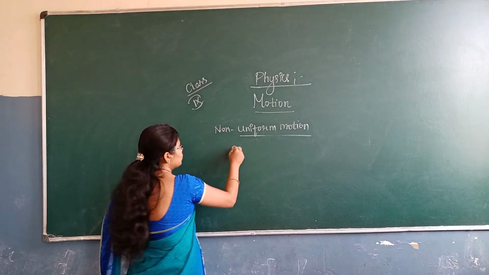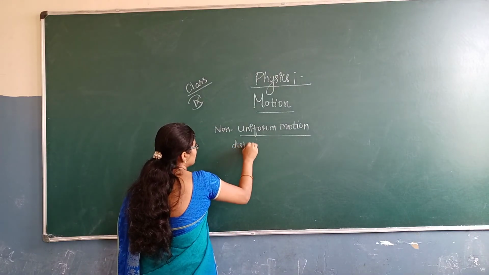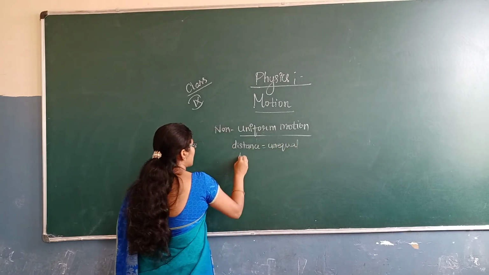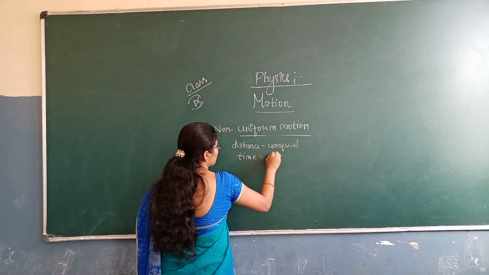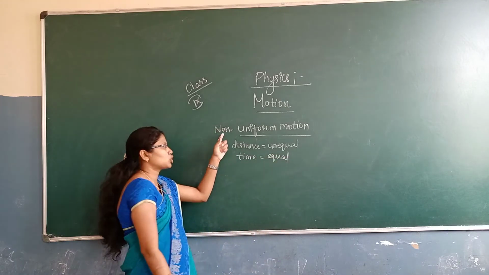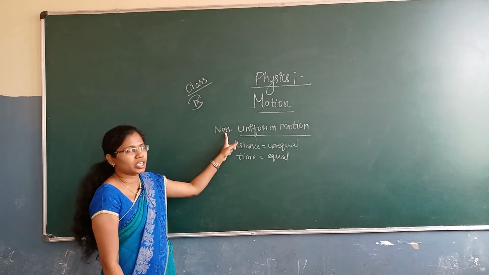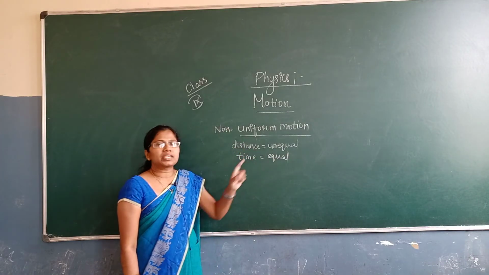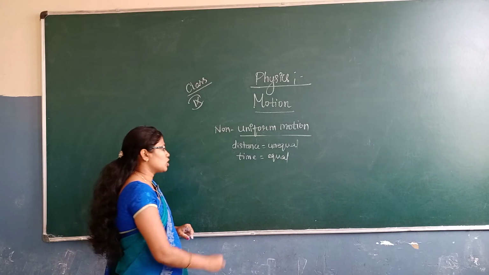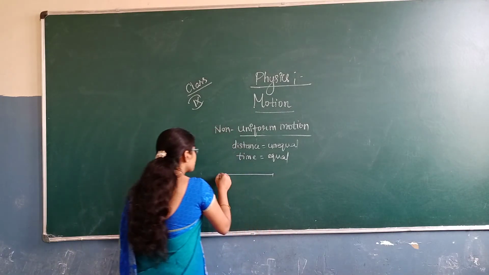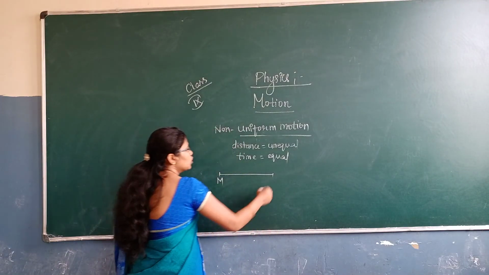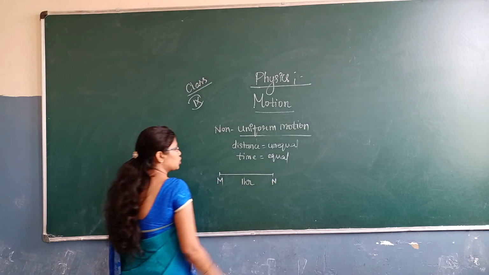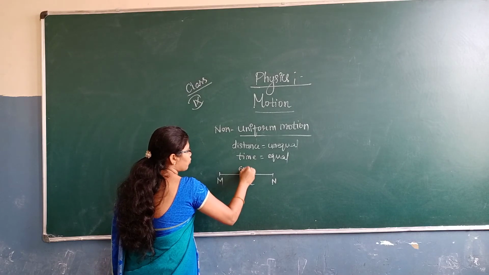Well, for non-uniform motion, the distance is unequal, but the time taken will be equal. Correct? So consider an object moved from point M to point N. To move from point M to N, it has taken a time of 1 hour.